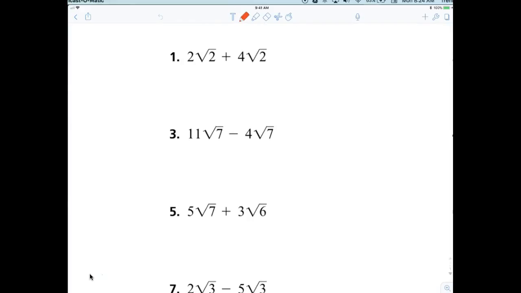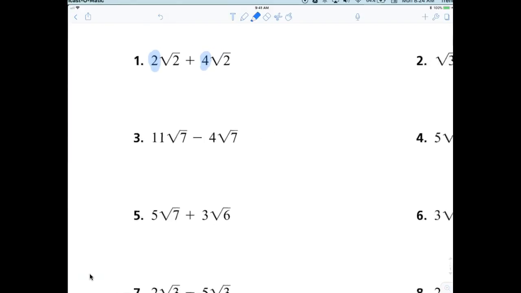So in this case, I have 2 of the radical 2's, and I'm adding 4 more of the radical 2's. That's how you should be thinking of radicals. Look how simple that is. If you know how to combine like terms, this is very simple.